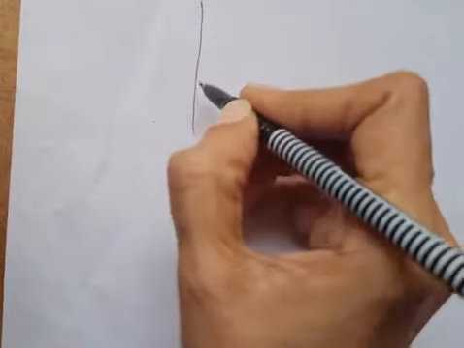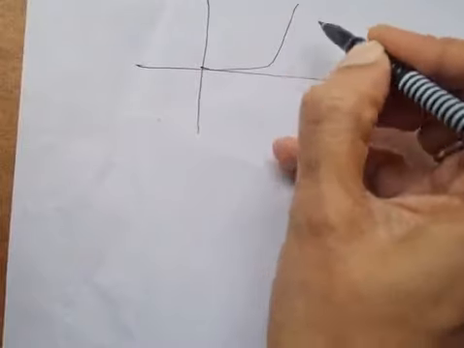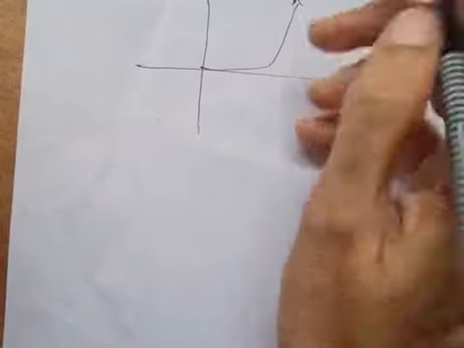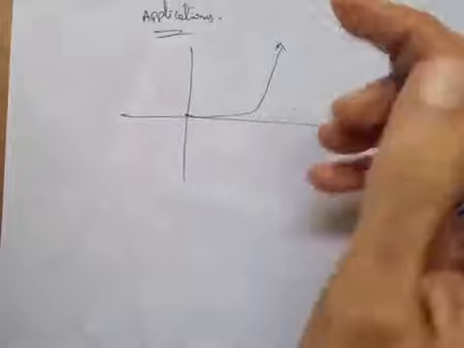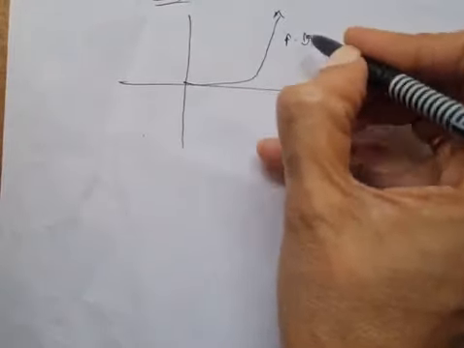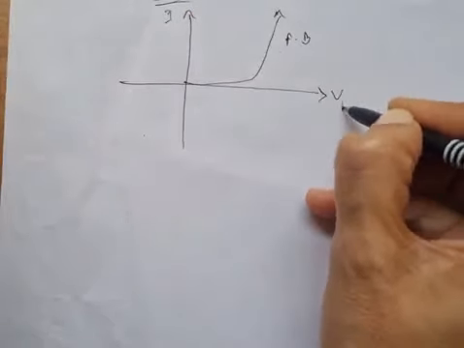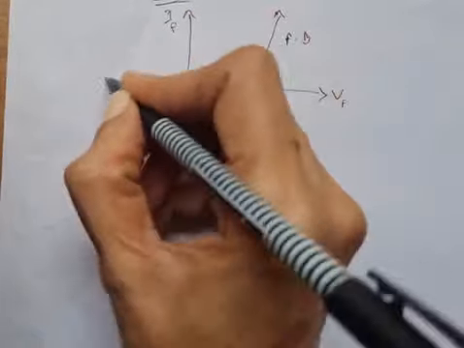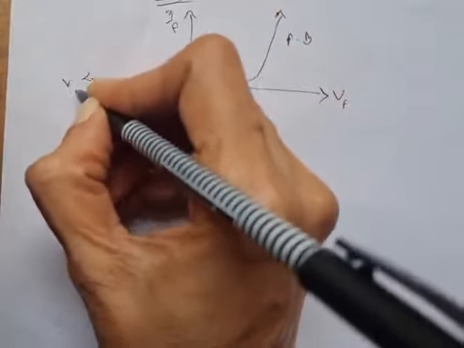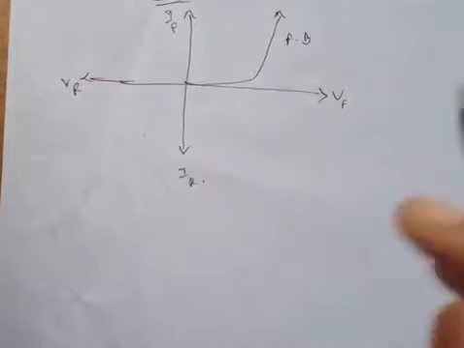Now we take the same axes. This is the forward bias condition, V forward and I forward. This is V reverse and I reverse.